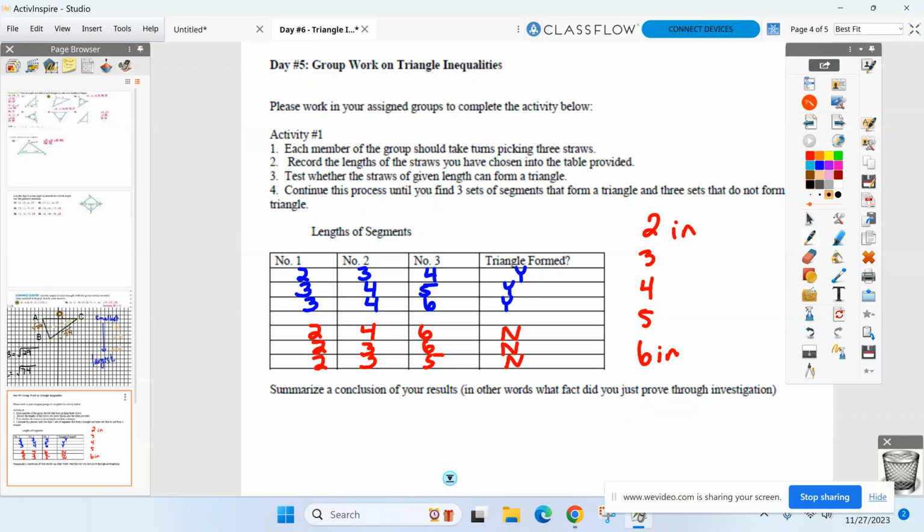What rules do they have to follow? Is it like number 1 plus number 2 is greater than number 3?